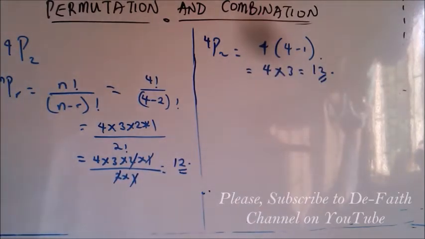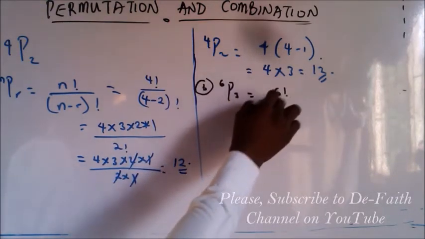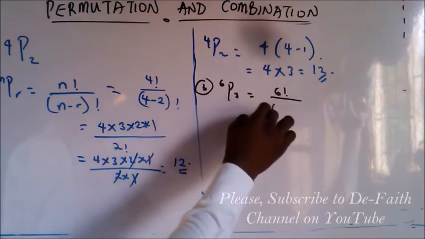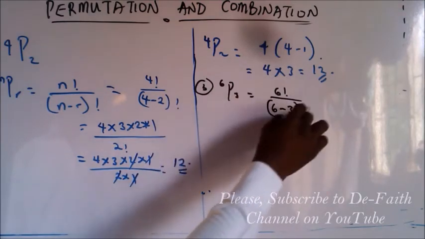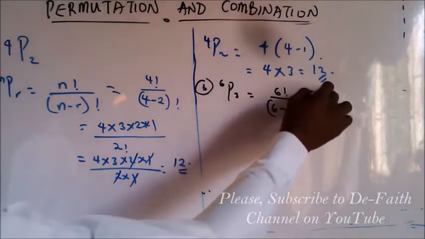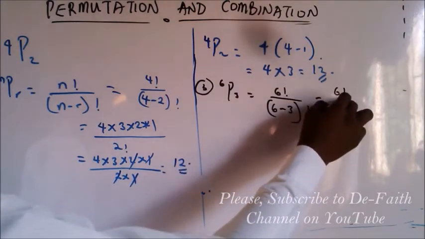Alright? The B part says 6 permutation 3, and that is applying this formula. The 6 is n, so we have 6 factorial over n minus r, where our n is 6, minus 3 factorial. I want us to look at a simpler way of getting this done. Now 6 factorial over 6 minus 3, that gives 3 factorial, right?